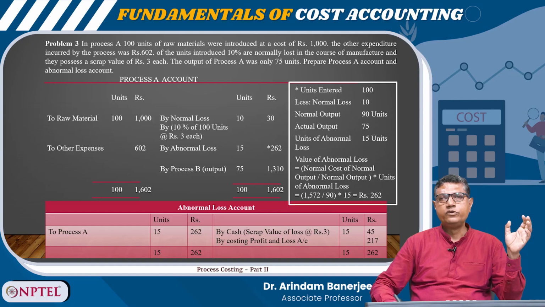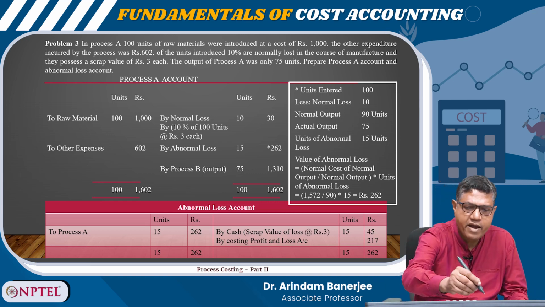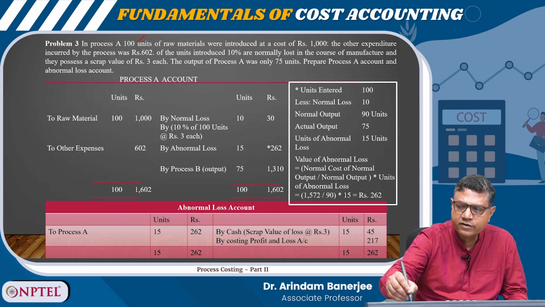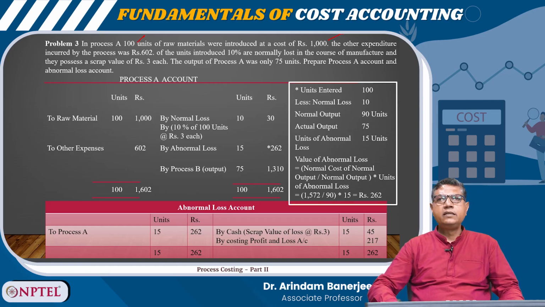Now, we are coming to problem number 3. In problem number 3, we will also consider the abnormal loss. The problem is this: in process A, 100 units of raw materials were introduced at a cost of rupees 1,000. The other expenditure incurred by the process was rupees 602.